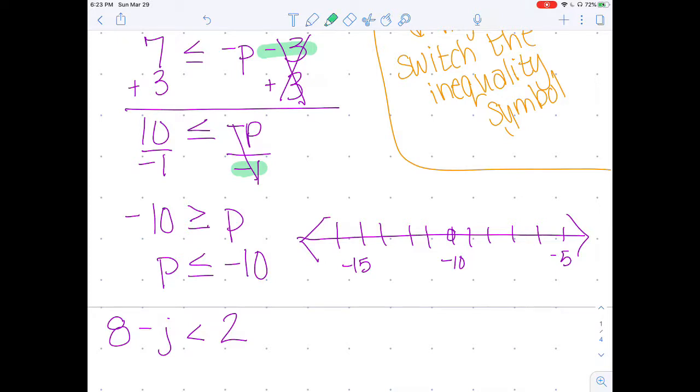Then this arrow over here matches with this arrow, so we're going to color this side in. Since it's equal to, I can also color in this circle on negative 10, and I'm going to connect the arrow and the circle because I need all the numbers less than or equal to negative 10, which would be over here on the left side.